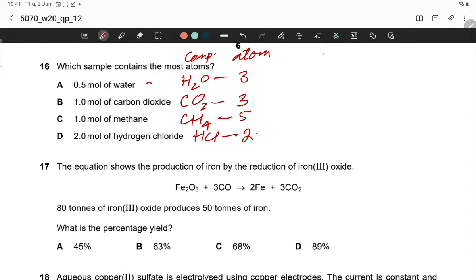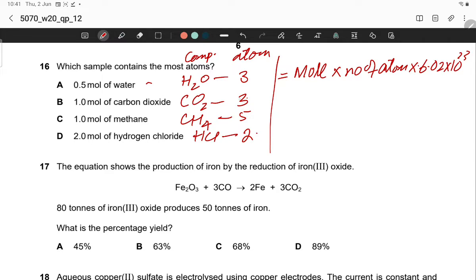So we have the number of moles. Moles into number of atoms into 6.02 into 10 raised to 23. For option A, the moles are 0.5, into 3 atoms into 6.02 into 10 raised to 23.